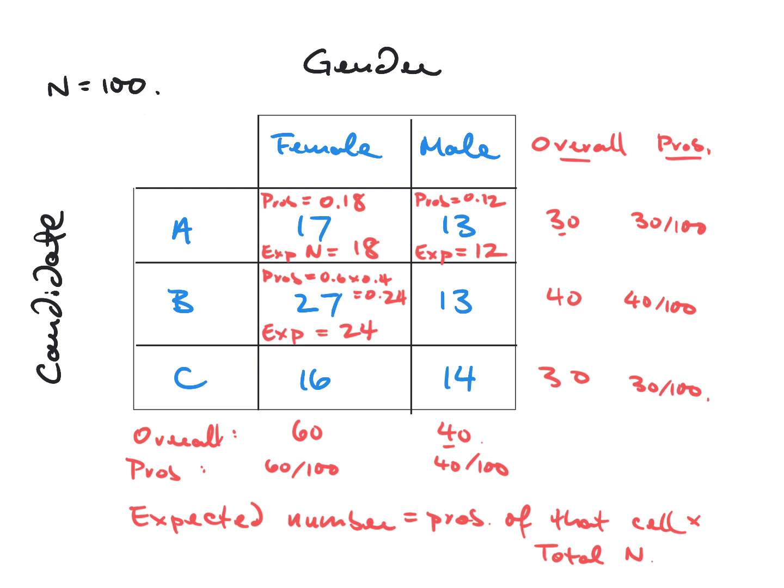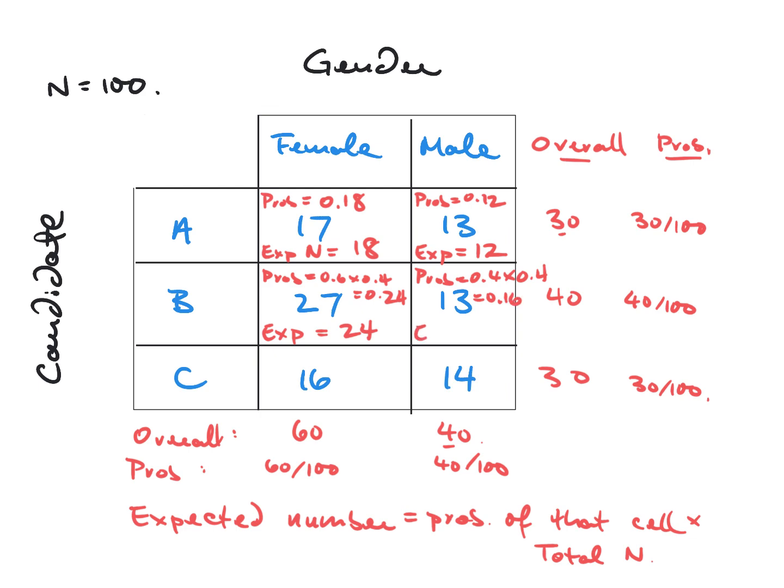Okay, probability of being male and liking candidate B is 0.4 times 0.4, so the probability is 0.16.